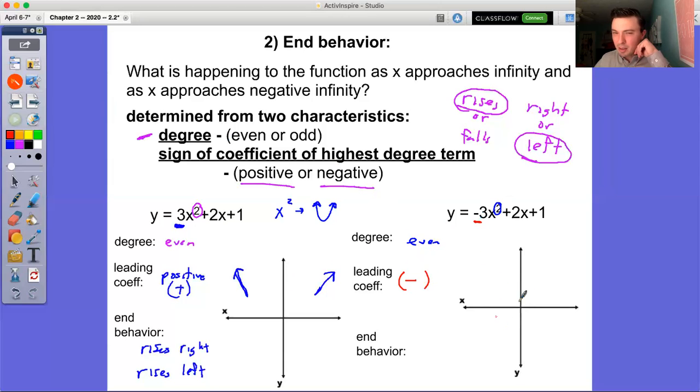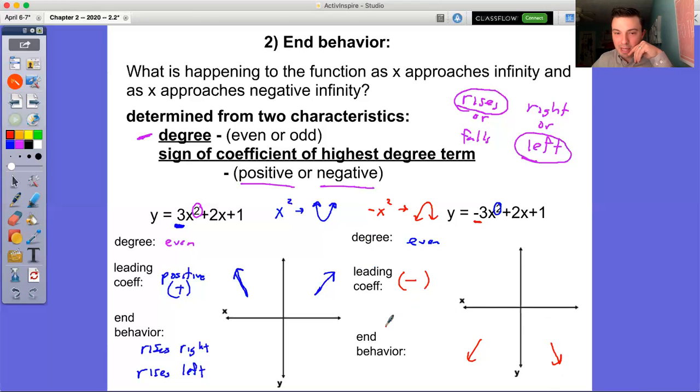Can you predict what the end behavior might be? Are we going to be going up and up or down and down? Probably down. Down and down. Because remember, if we figure out what negative x squared looks like, that just looks like the upside down version of positive x squared. So we know it goes down on each side.